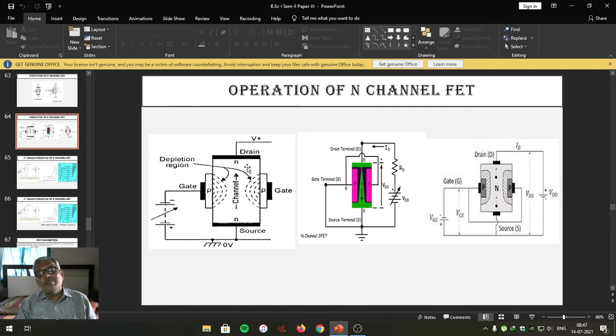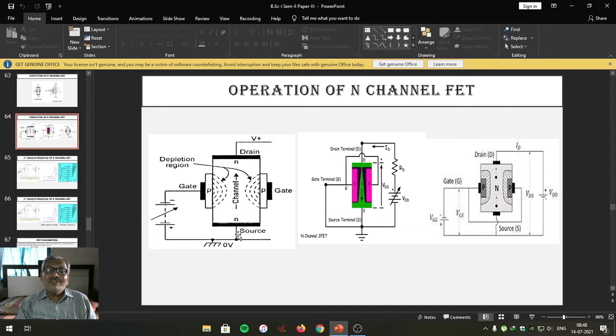But at a particular gate to source voltage, both depletion layers touch each other and the channel width becomes 0. The gate for emitted charge carriers will be closed. Hence no charge carrier will reach the drain, and the drain current is 0. Under such a condition, the FET is said to go to pinch off.